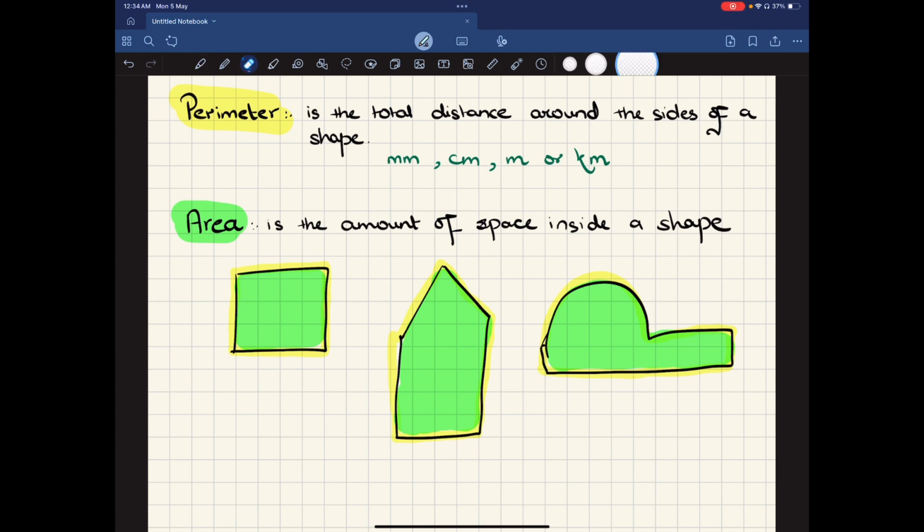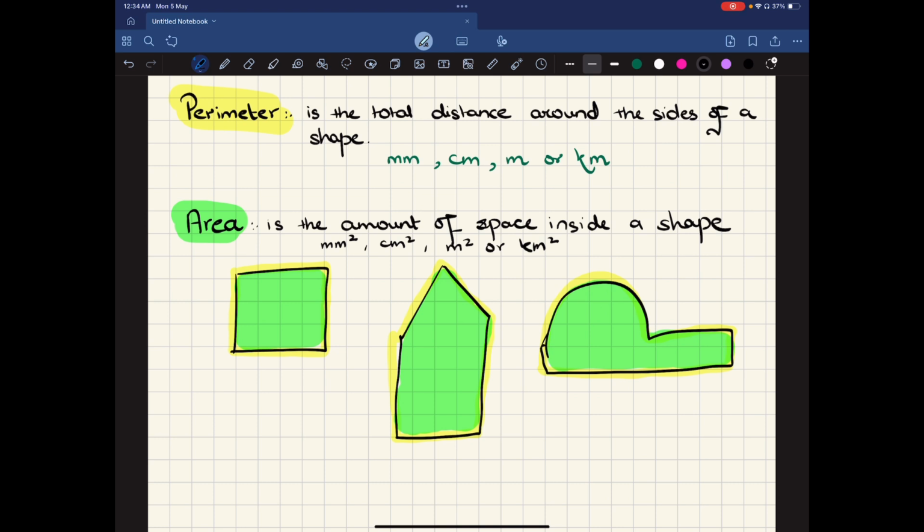Okay? And areas are measured in millimeter square, centimeter square, meter square, or kilometer square. Why? Because an area always involves the multiplication of two linear measurements.